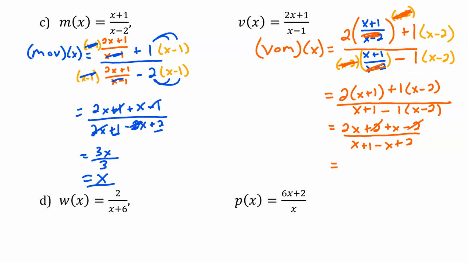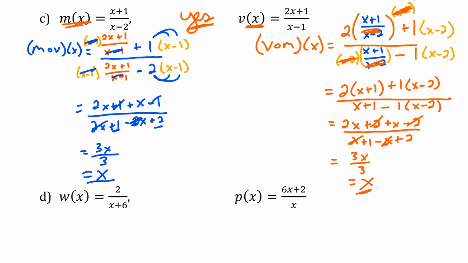So these will cancel out or subtract out, leaving me with a 3x. The x's will subtract out, leaving me with a 3. So that simplifies into an x. So yes, m of x and v of x are inverses of each other.